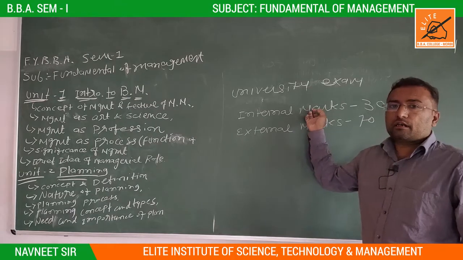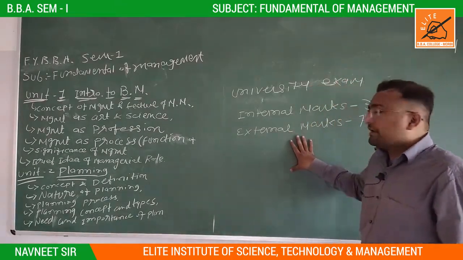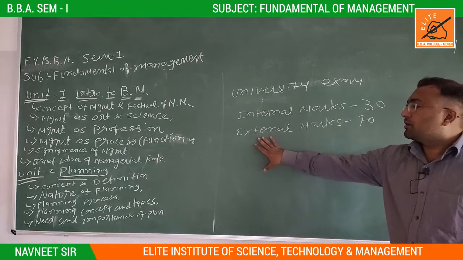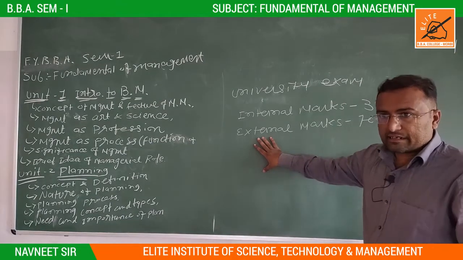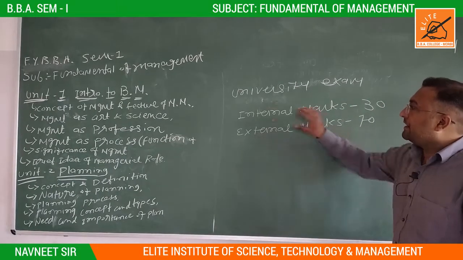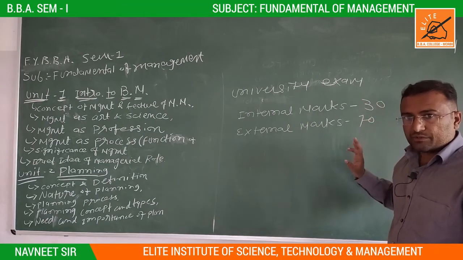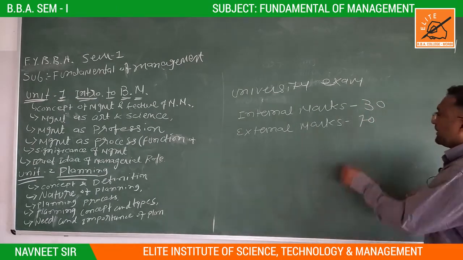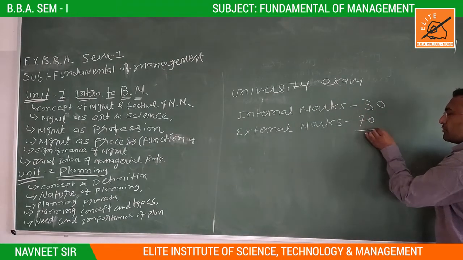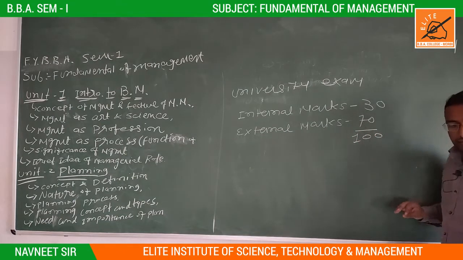For the internal marks you have to give a midterm exam, and then at the term end you have to give the external exam that will be taken by the university, while the internal exam will be taken by the particular institute. So when we combine both, it will be a 100 marks paper.